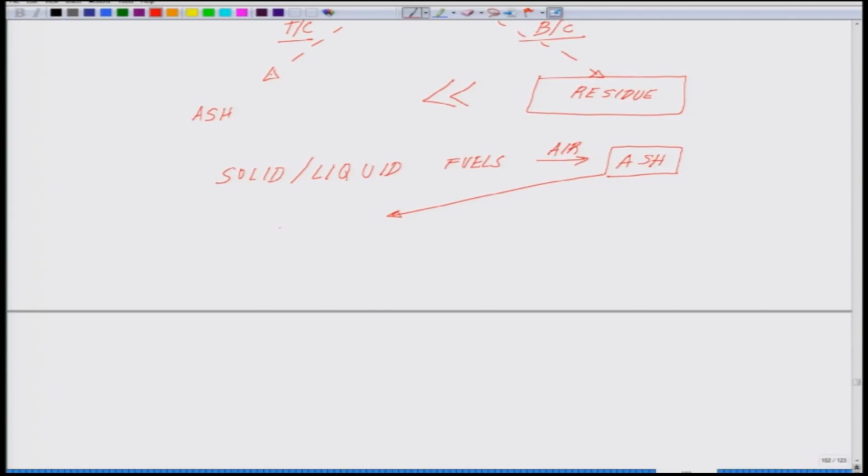So, there are parameters it decides. One, how to handle the biomass, because if you have a lot of ash content, which is not good, you may need to follow a different route in terms of its conversion. The second parameter it decides is the processing cost which will be involved in it.